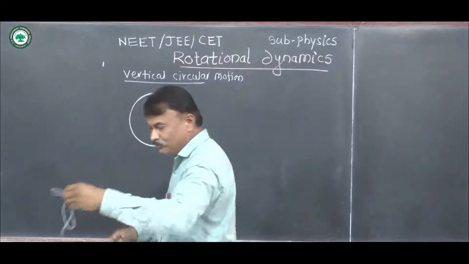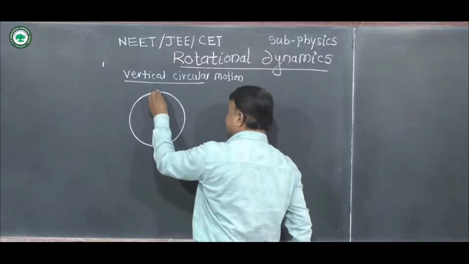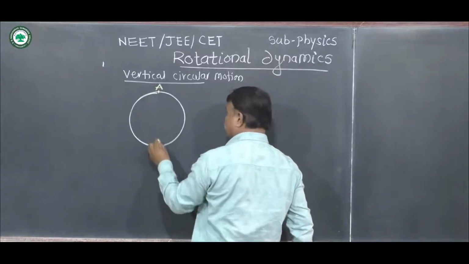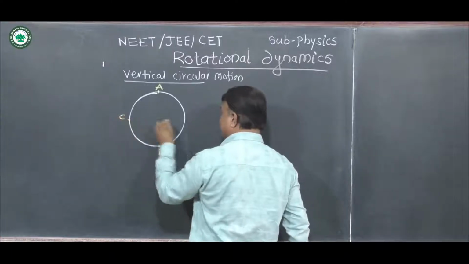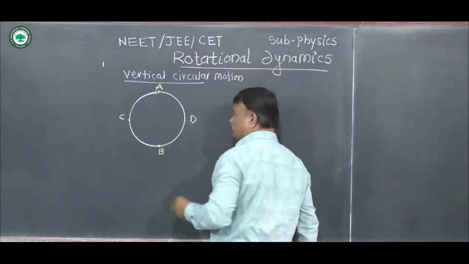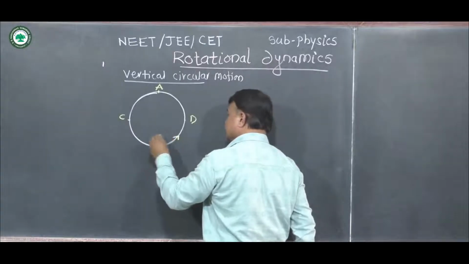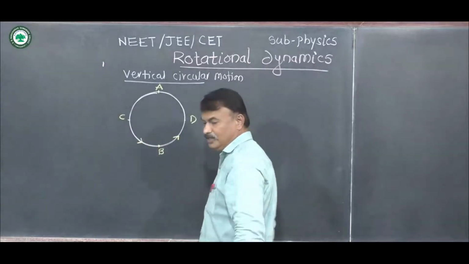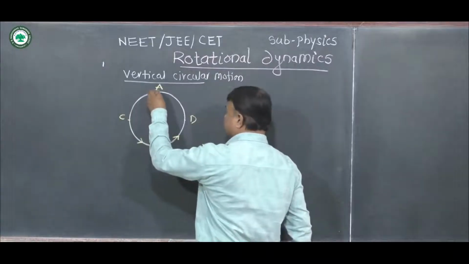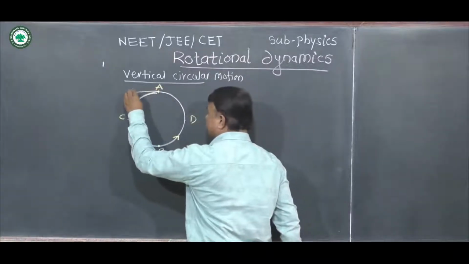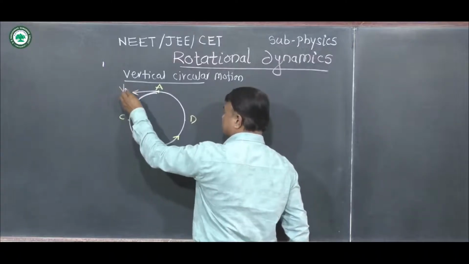So, here we consider 4 points: point A, point B, point C and point D. If the object is moving in anti-clockwise sense, as like this one, then linear speed or velocity at point A is given by VA.